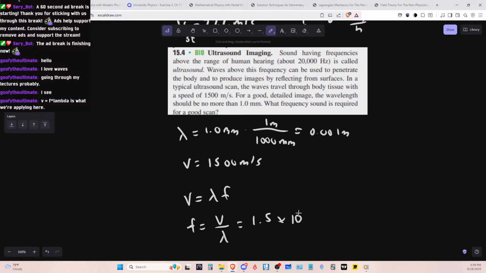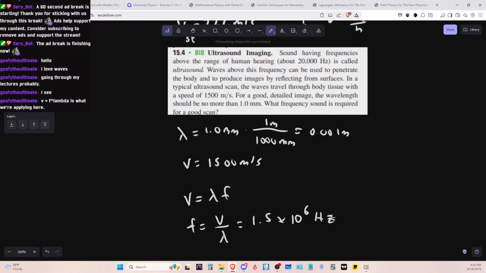It's in hertz, because this is in meters and this is in meters per second, so it's 1 cycle per second. Wow, that is really, really fast.